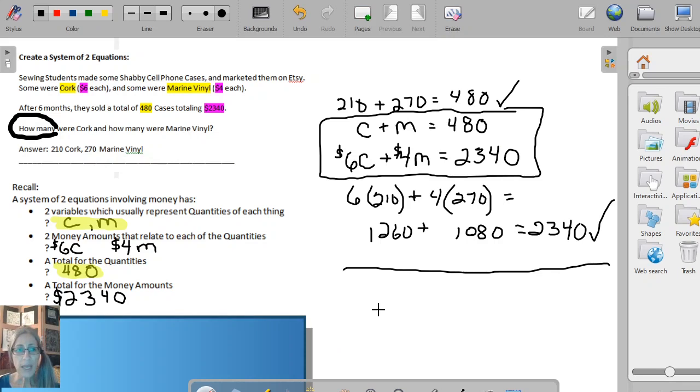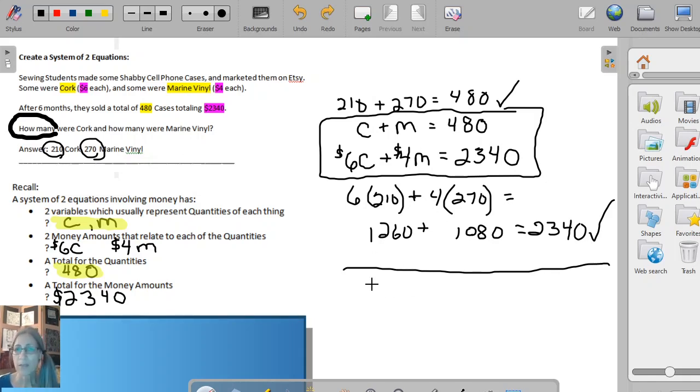And let's go ahead and look at these two equations in a graph. So if we were to graph these two equations, we would see that our intersection would be this 210 and this 270. Well, how is that? Well, when we go to graph it, we usually make one of these an X and one of these a Y, just because that's what we're used to seeing.